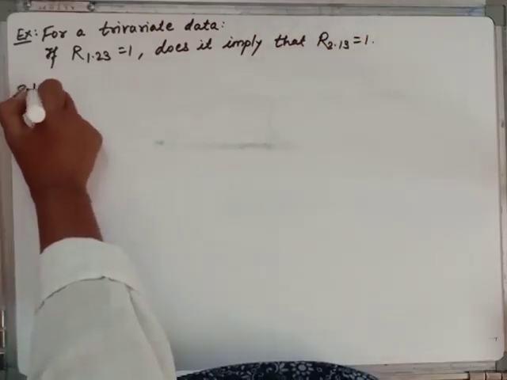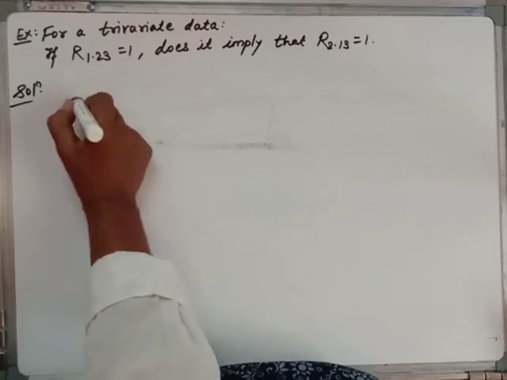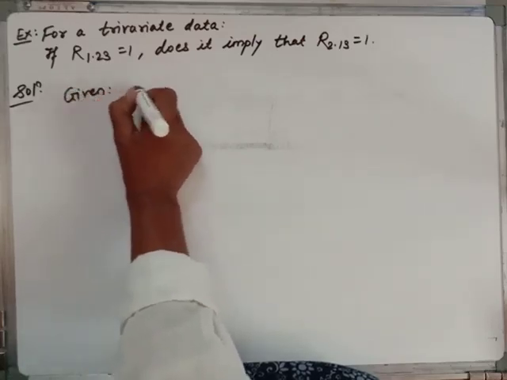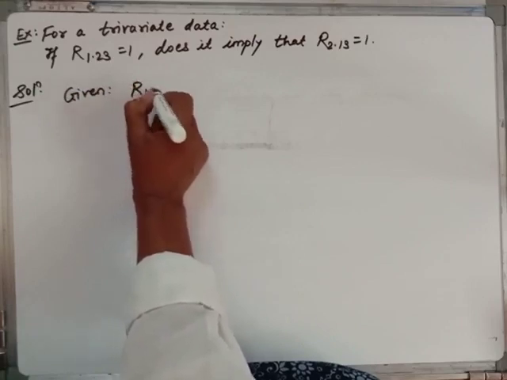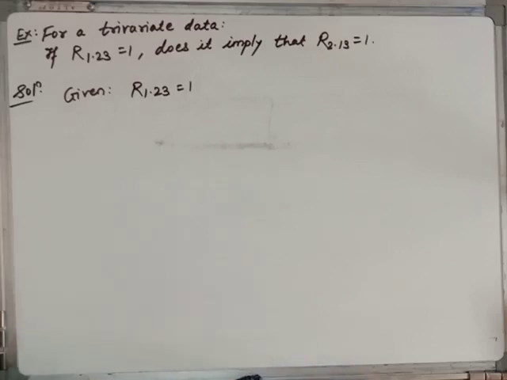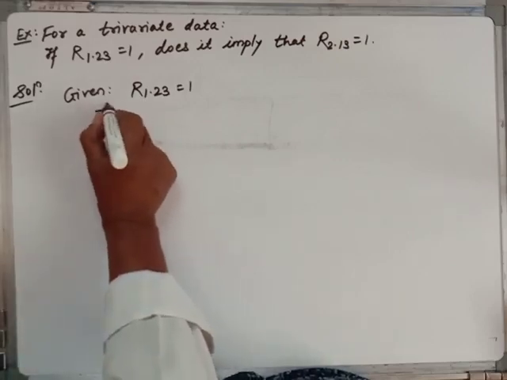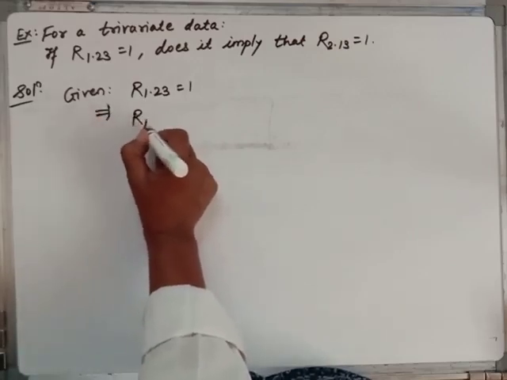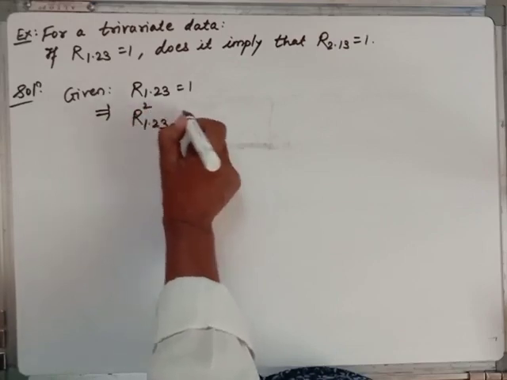Solution. What is given to us? R1.23 is 1. So if it is 1, its square is also 1. So this is R1.23 square is also 1.